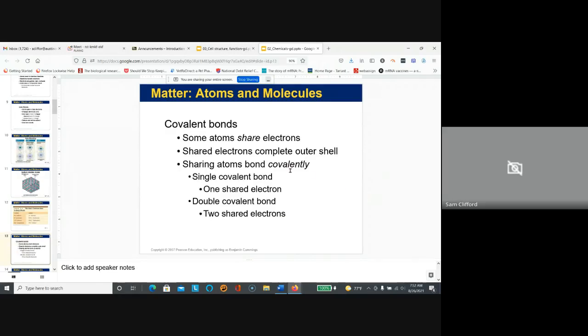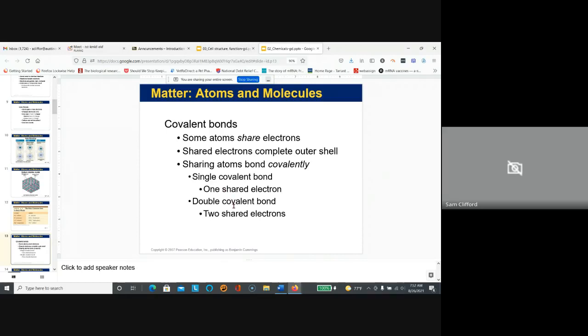Covalent bonds: electrons are shared. When electrons are shared, the outer shell is complete because each outer shell has a standard capacity. One shared pair from each atom is a single covalent bond.